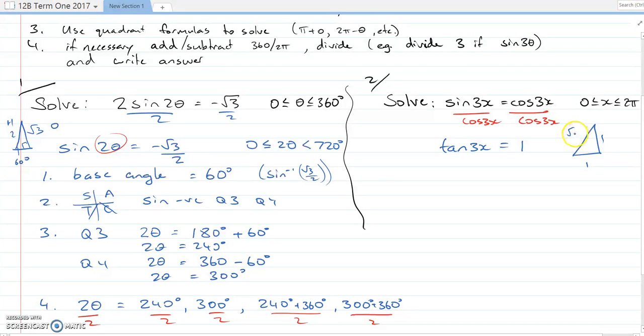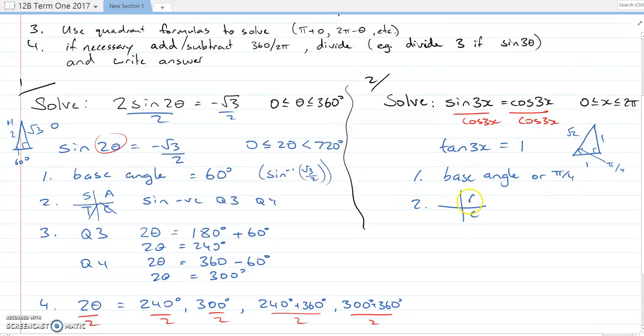What we're looking at here is a 45 degree, or pi over 4, special triangle. Okay, so step 1. Ignore the negative, we don't have a negative, so that's fine. Base angle is 45 degrees, or pi over 4. Step 2.